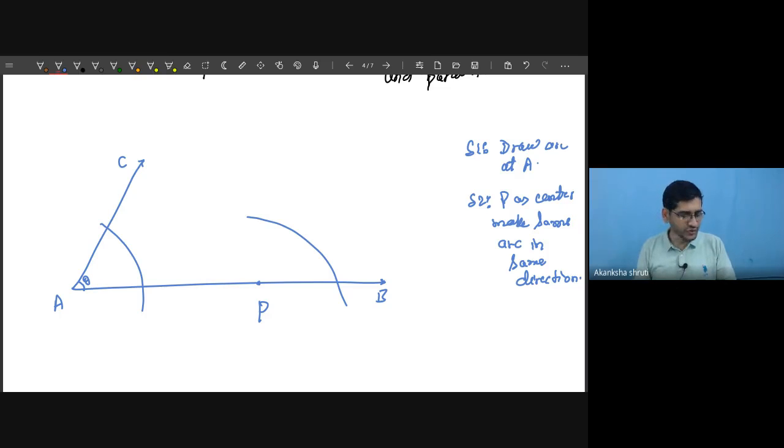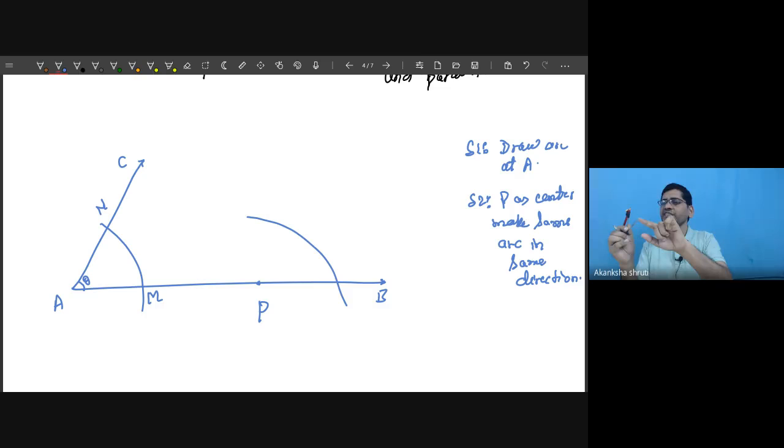Now you have to observe carefully. Put the tip of the compass at the extreme end of the arc where AB and AC are cut. So at A, let us consider the arc is touching AB at M and AC at N. So measure the arc MN. How will you measure?